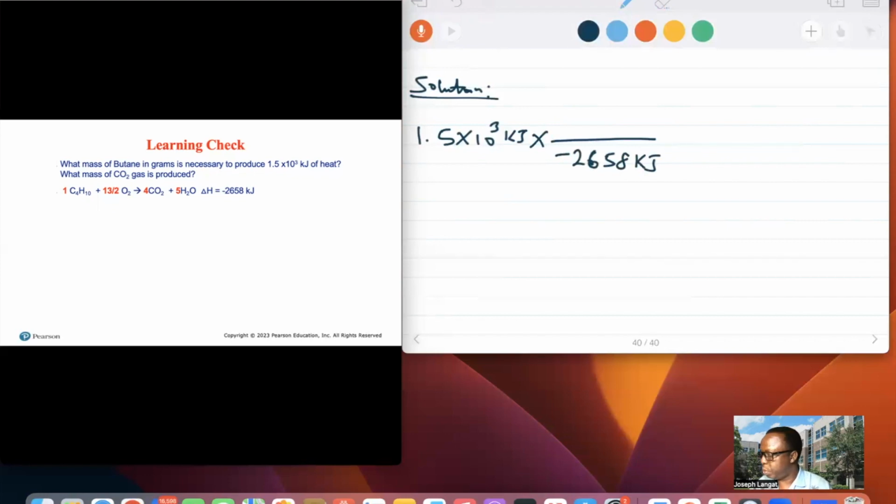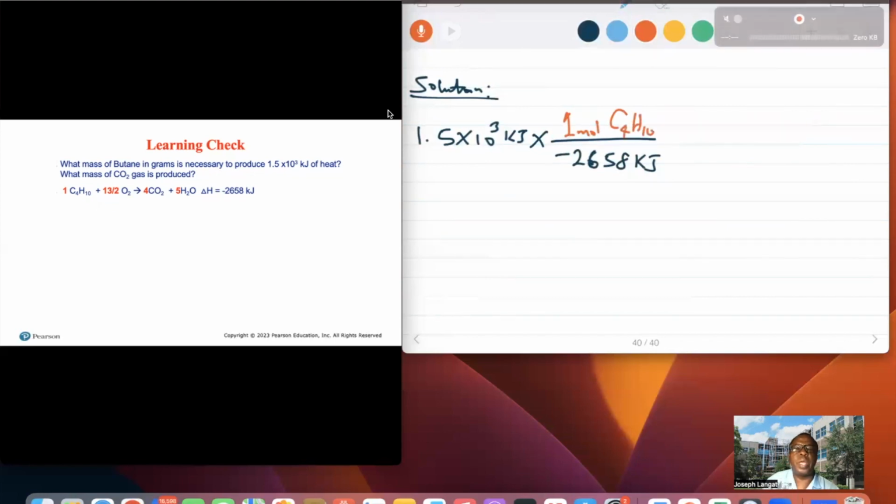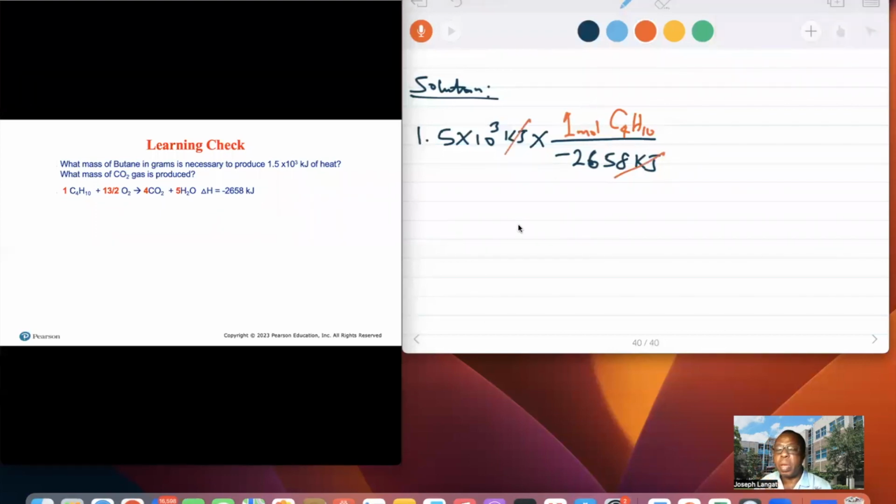by butane. We are looking at the butane. For every 1 mole of C4H10, this is 1 mole. What I'm doing here is, from the balanced equation, 1 mole of butane releases this amount. So here, the units and units will go away, and we remain with moles of butane.